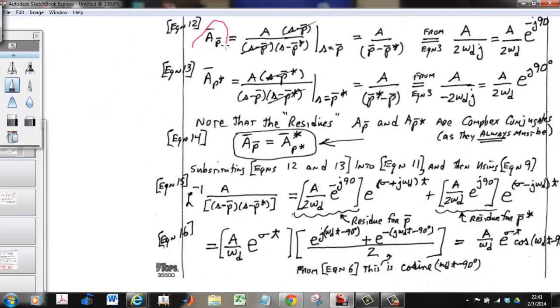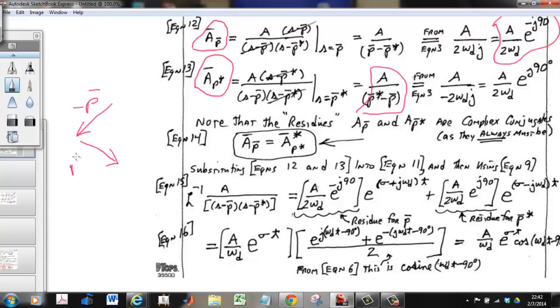After we obtain the residue for the pole, we know that the residue for the complex conjugate pole is going to be the complex conjugate of our answer up here. But if you wanted to work it out anyway, if you remember, P star was pointing down and minus P, so this would be minus P and this would be P star on the S-plane.